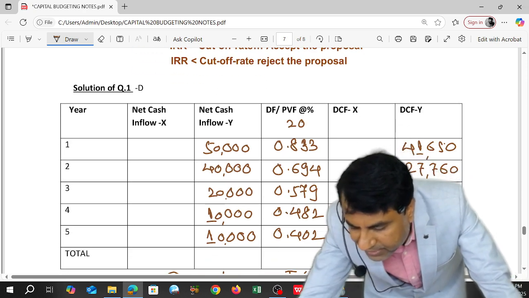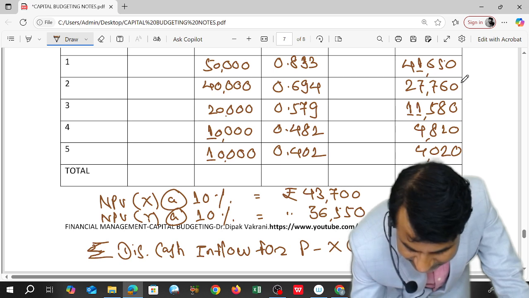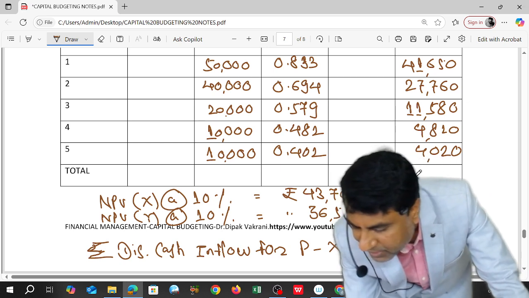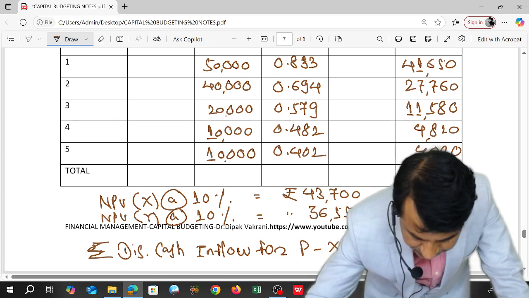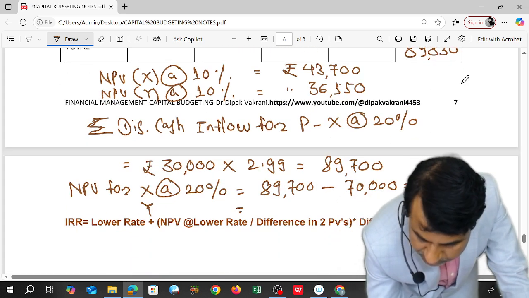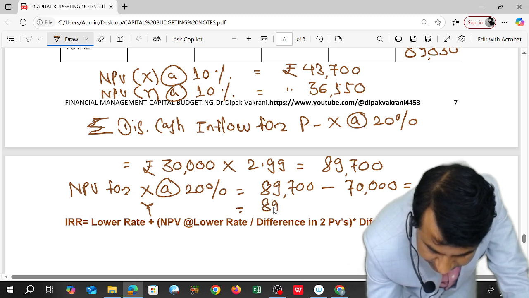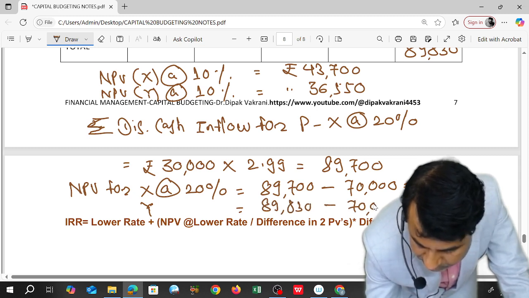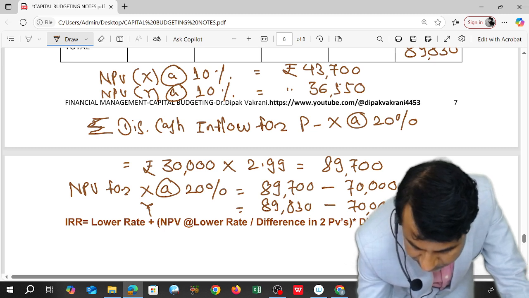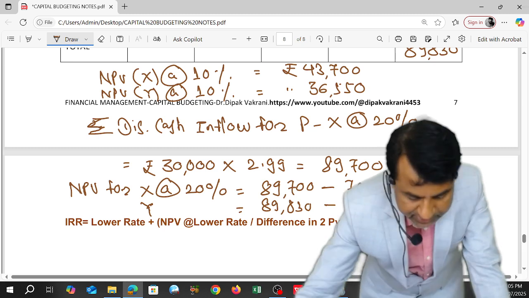It is coming 89,830. So it is also positive. So it is 89,830 minus 70,000. So it is coming 19,830 for project Y. Is it right?